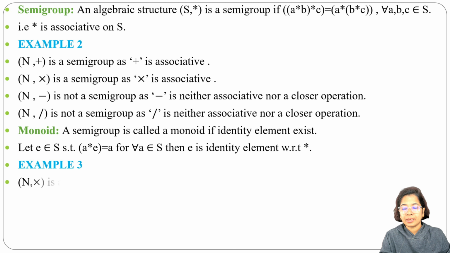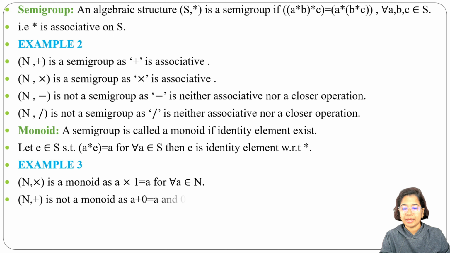Now example, N multiplication is a monoid, as 1 is the identity element and that comes under N. So N multiplication is a monoid, as it is closure, associative and the identity element exists.